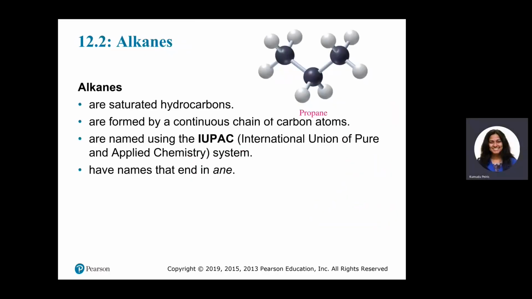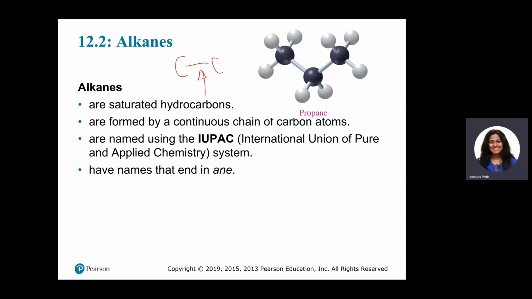Alkanes. What is an alkane? Alkanes are saturated hydrocarbons. It is a group of hydrocarbons where all carbons are bonded with carbon-carbon single bonds, so we call them saturated hydrocarbons. It's a continuous chain of carbon atoms.